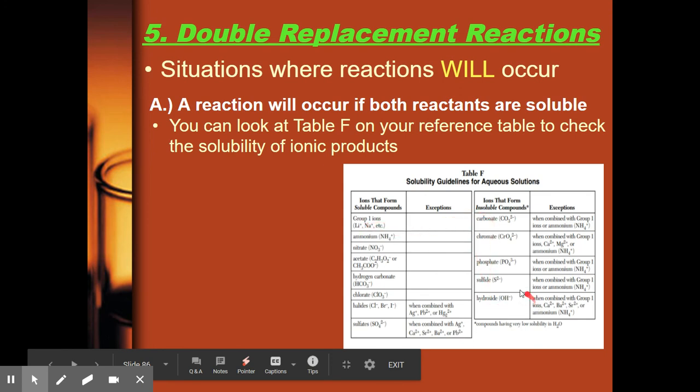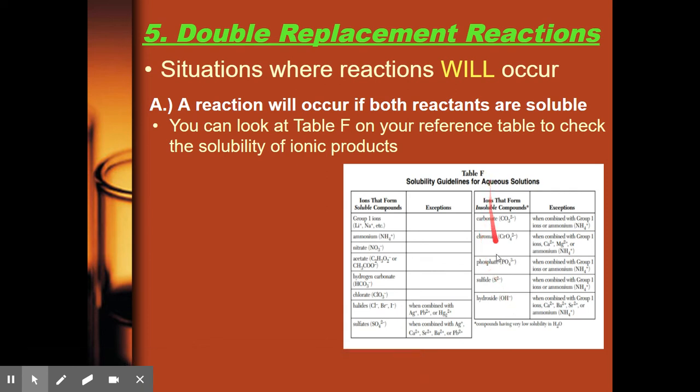Hydroxides over here are generally insoluble, except when found with a group 1, or with calcium right here. So this is an exception. Even though normally hydroxides would be insoluble, because calcium is listed here, this is going to be a soluble compound. So calcium hydroxide is actually soluble in water. And that's what aqueous means: soluble in water.